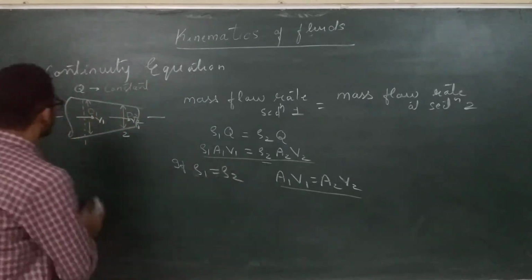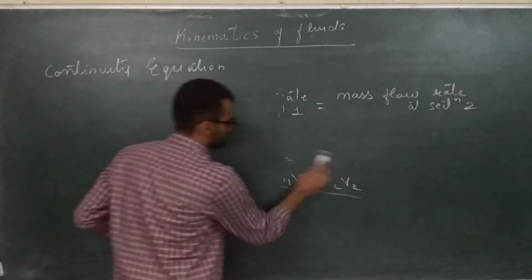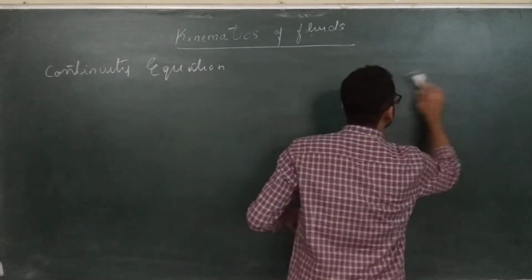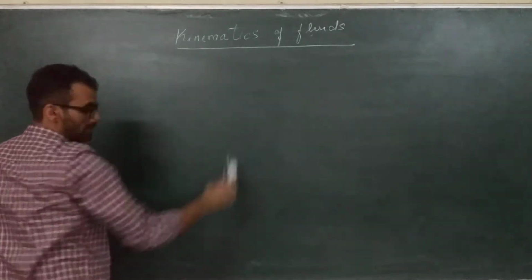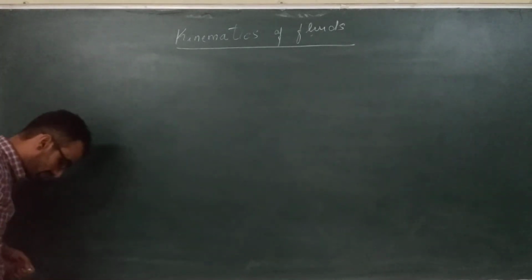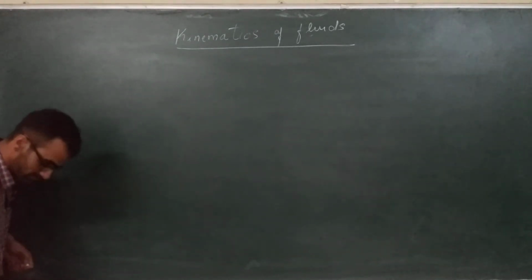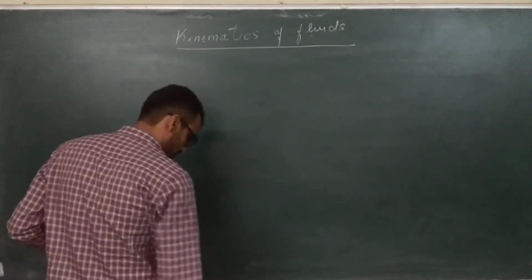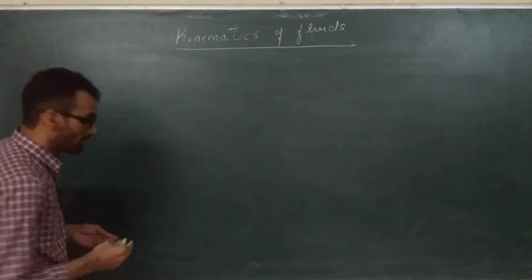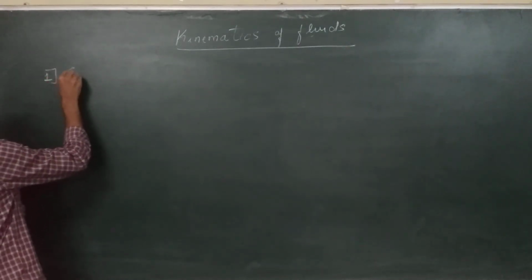Now we'll see some examples of different types of fluid flows. First we'll see an example of steady uniform flow.